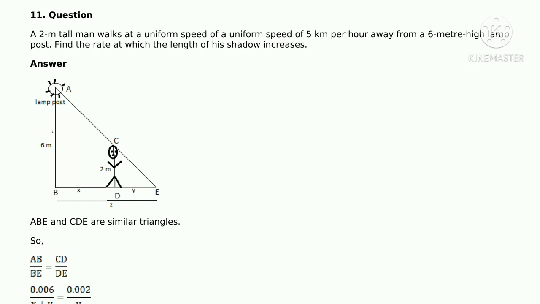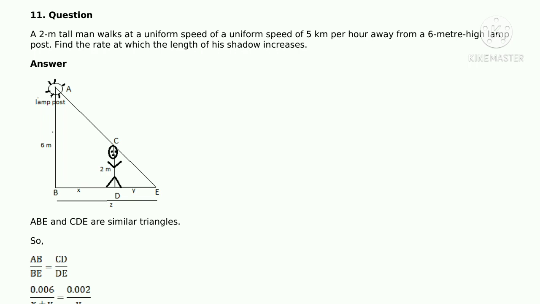First of all, the height of the post is given as 6 meter, the speed is given as 5 kilometer per hour, and the height of the man is given as 2 meter.